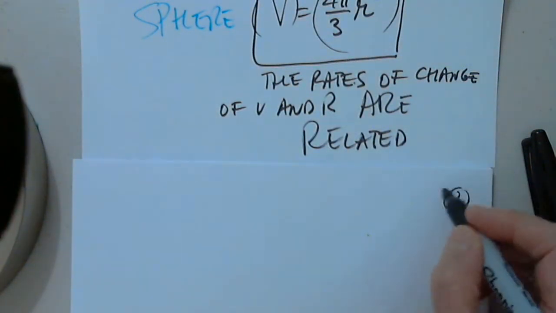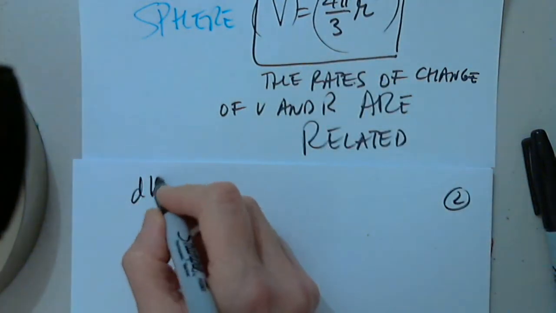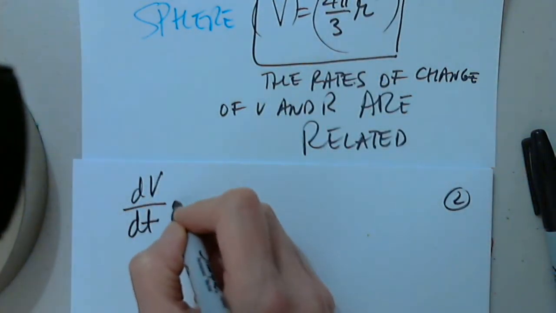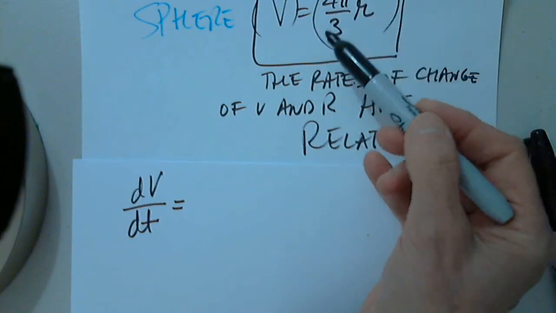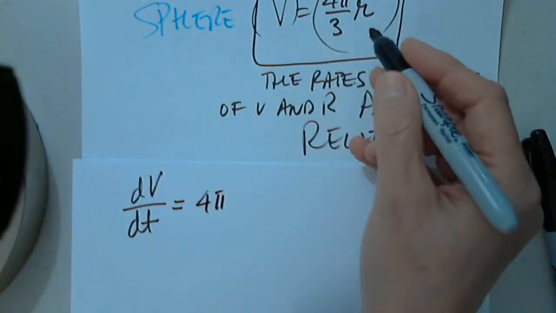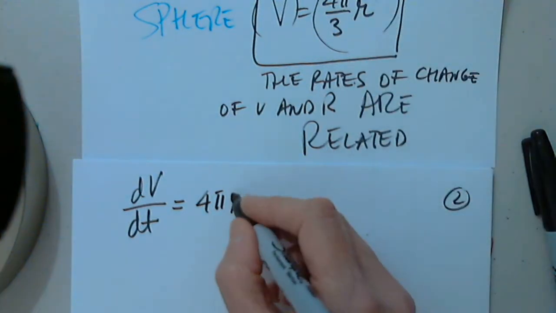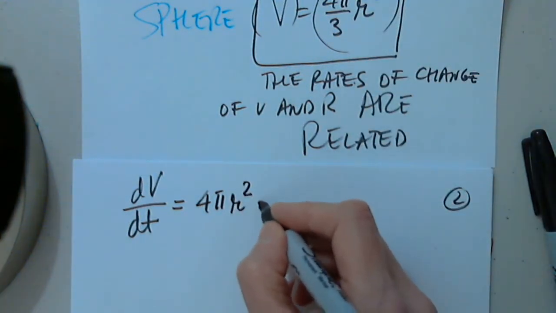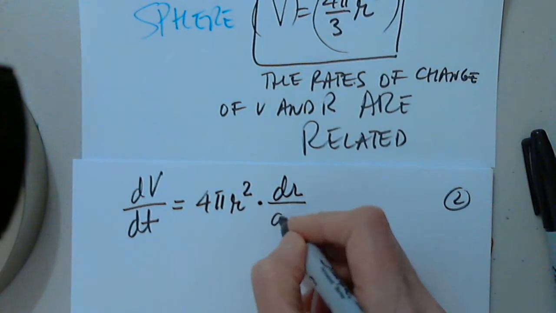Okay, so if I want to differentiate, I will have dV over dt equals, I bring 3 down and simplify, 4 pi r to the 3 minus 1 times dr over dt.